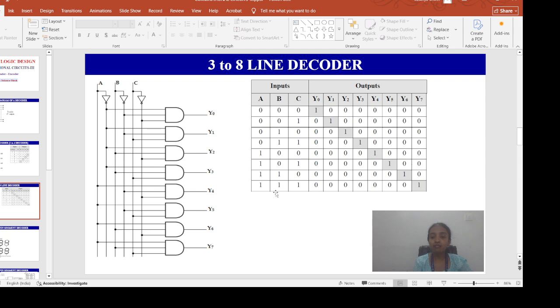Likewise, y7 is A, B, C. So take one input from A line, one input from B line, one input from C line and put it in a 3 input AND gate. Okay. So this is the 3 input 3 to 8 line decoder.